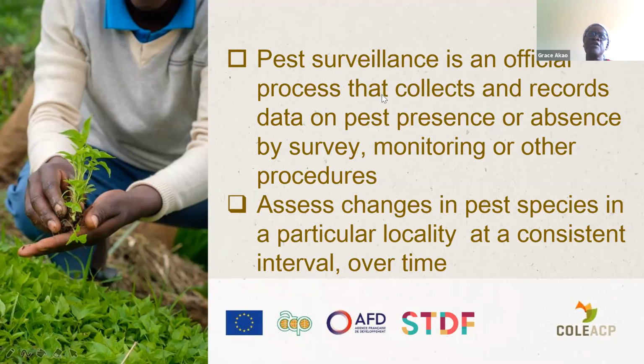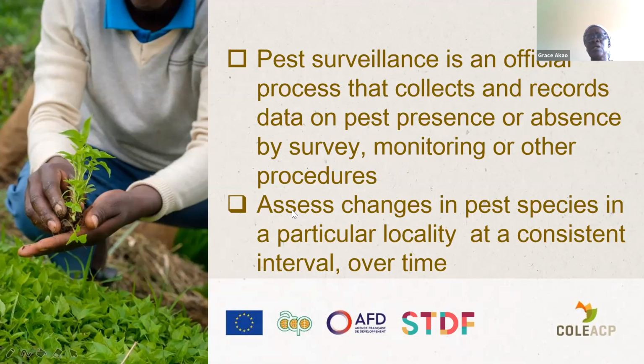So ISPM 5 would give you a very clear definition of pest surveillance. It's not defined as pest surveillance, it is defined as surveillance. So remember that it is an official process, and where it is recorded as an official process, it means the mandate is given to NPPOs, and therefore this training becomes very relevant to you as teams coming from the various NPPOs.